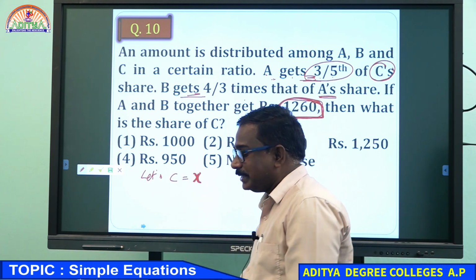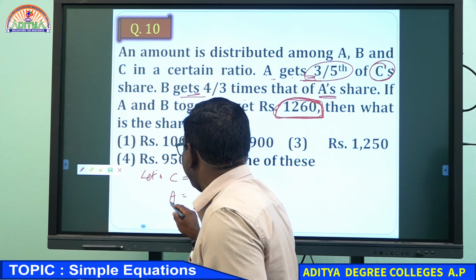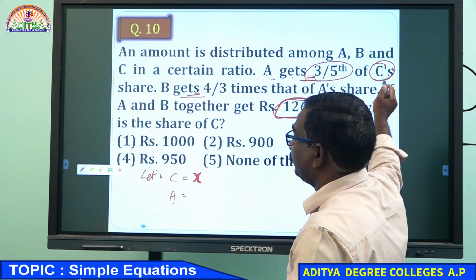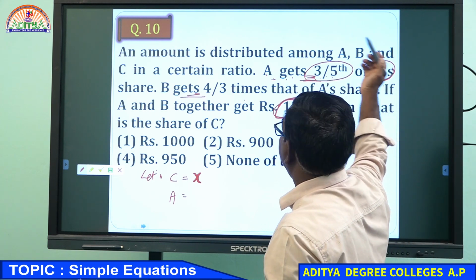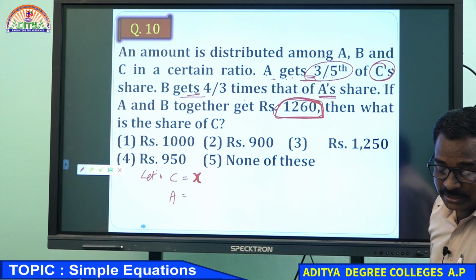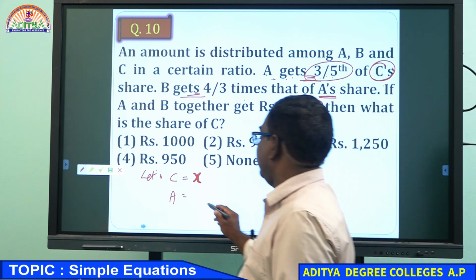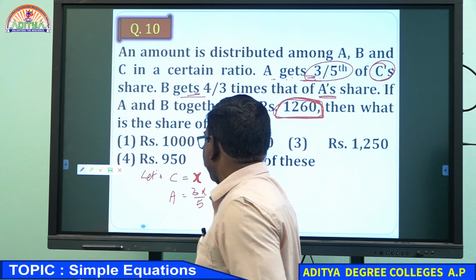C we have taken as X, so automatically you will get A's share. Why? Because A depends upon C. Now, how much is A's share? 3/5 means 3x by 5.